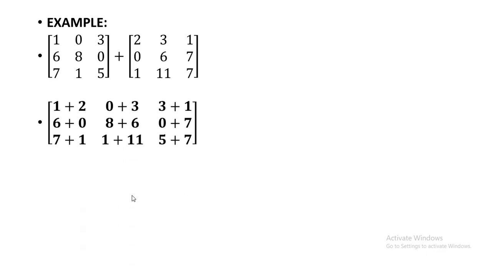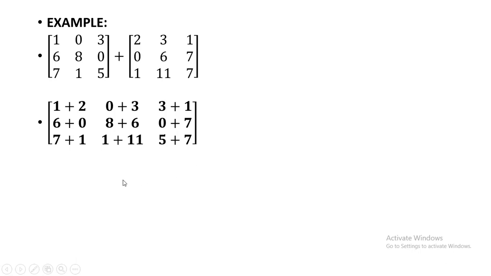We'll add the corresponding entries of the two matrices, that is 1 plus 2, 0 plus 3, 3 plus 1, then 6 plus 0, 8 plus 2, 0 plus 7, 7 plus 1, 1 plus 11 and 5 plus 7.